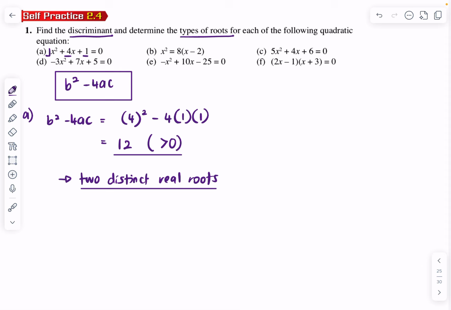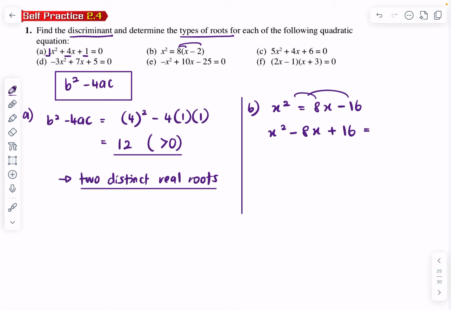Okay, let's look at B. So we try to expand this first, equals to 8x minus 16, and we bring all these to one side. x square minus 8x plus 16 equals to 0. Then you can factorize this. Actually no need factorize. We are finding discriminant.